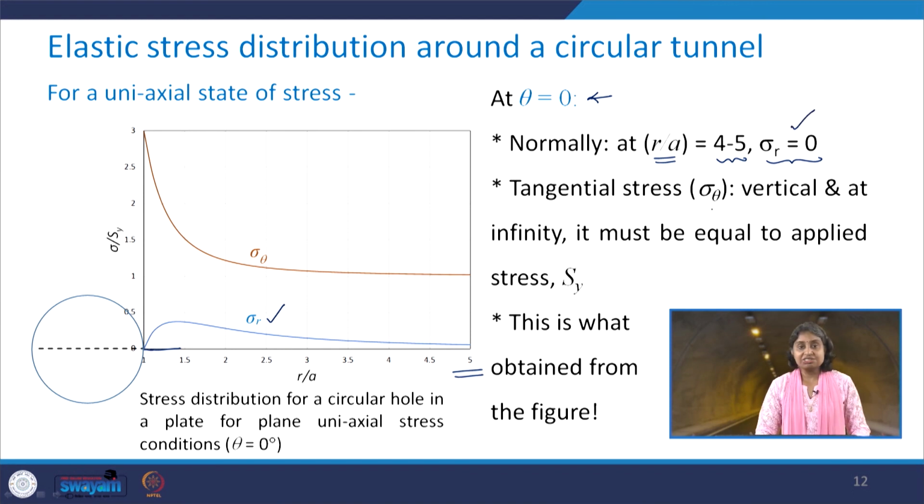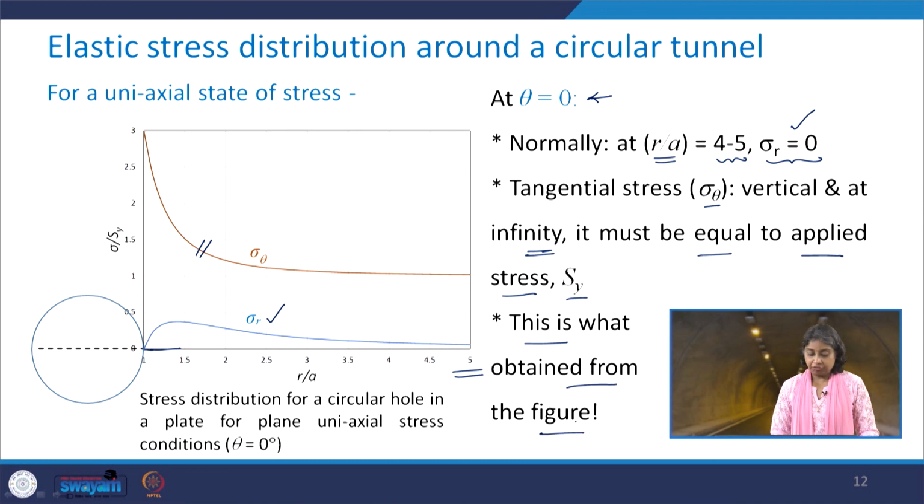The tangential stress, which is the sigma theta, and its variation has been shown by this curve. At the vertical and at infinity, it must be equal to the applied stress, because that is the boundary condition. And you see that this is what we obtain from this figure: when it goes beyond, the stress concentration factor becomes equal to 1.